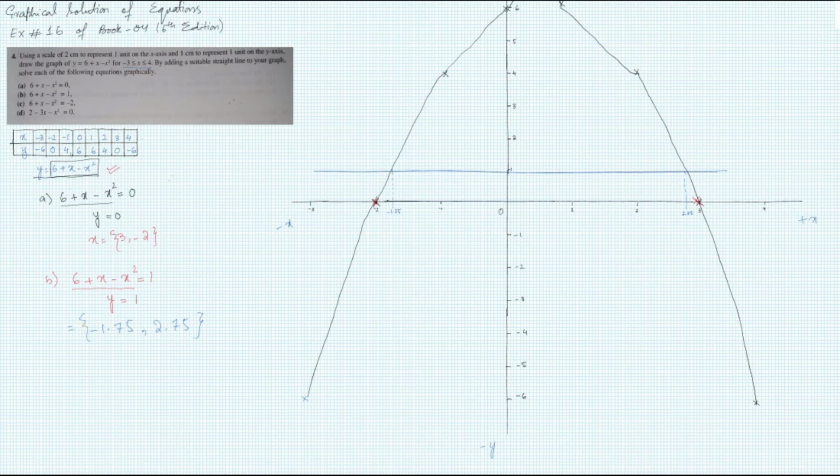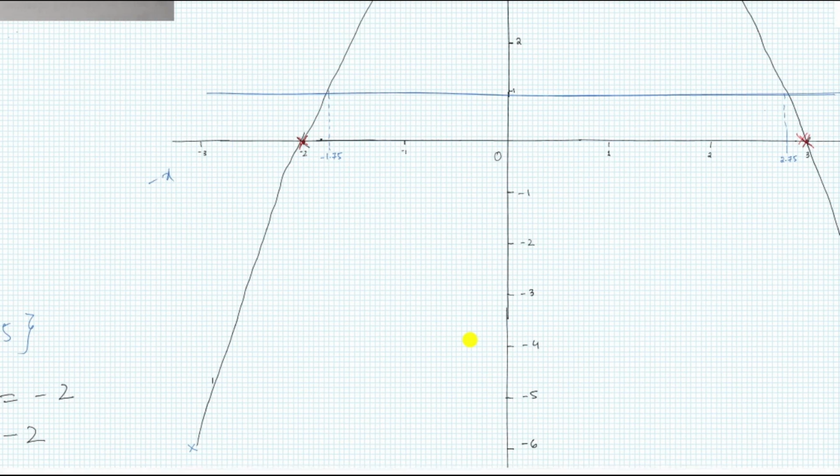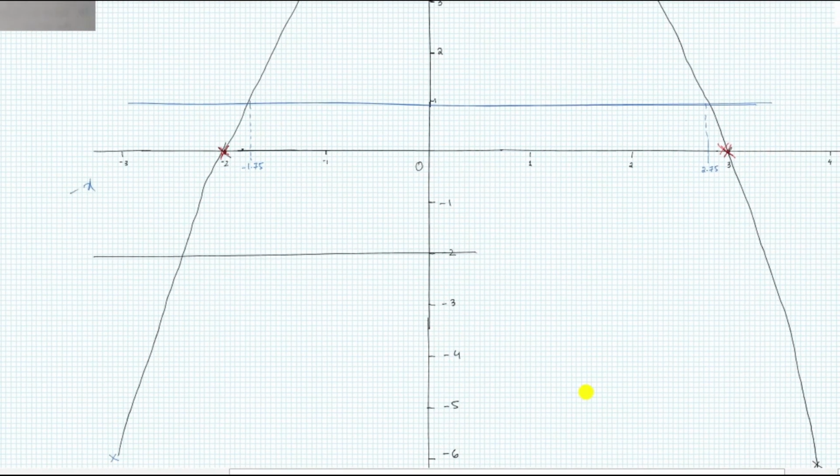Okay, now let's see the third part of this. In the third part, or C part, they are saying 6 plus x minus x squared is equal to minus 2. Now if we do the comparison of this with the given function, again it's equal to y. So y is equal to minus 2. Now we will draw this line on the graph. Where this line crosses our curve, we will read these x values.